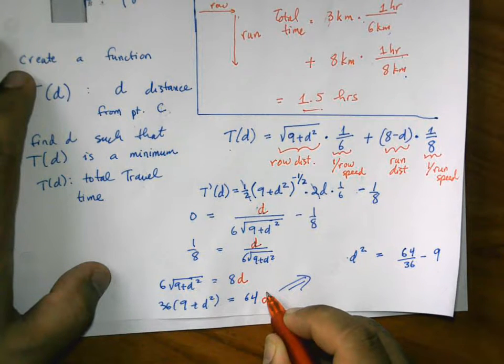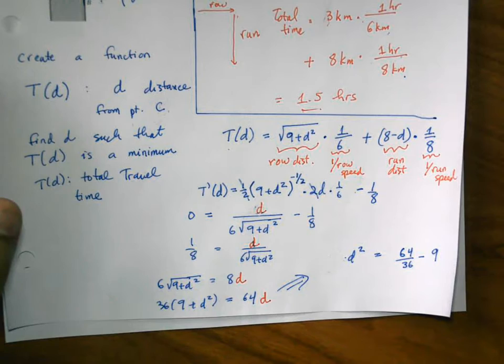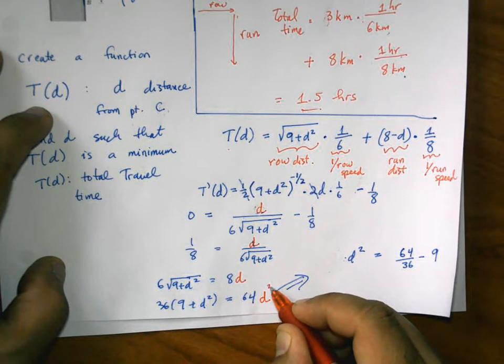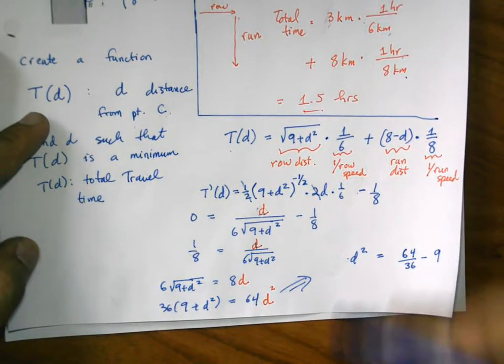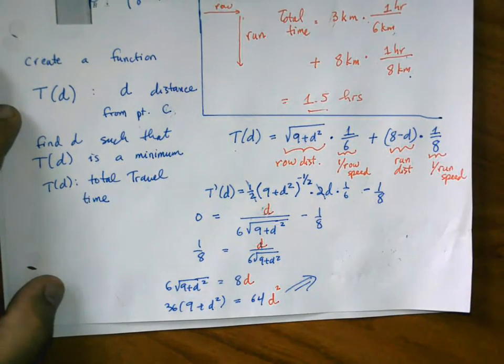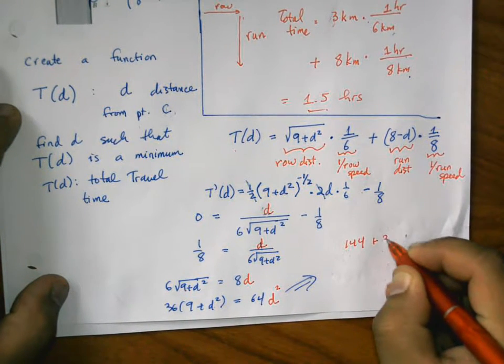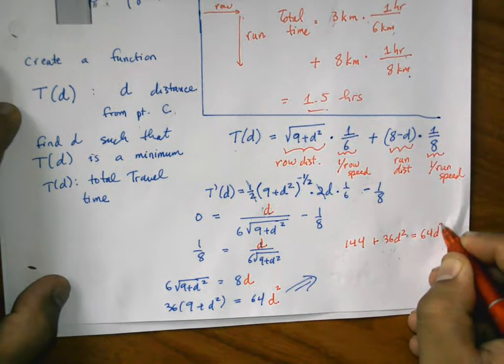So this is 64d squared. Okay. So we get something a little bit different. So what we get here is 144 plus 36d squared is equal to 64d squared.